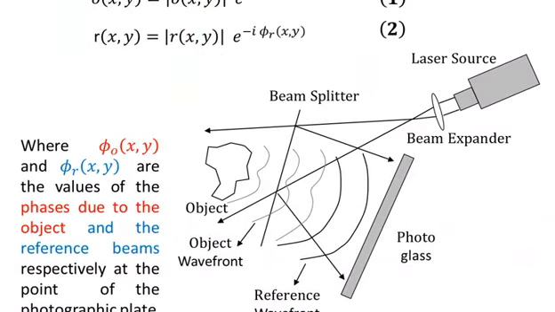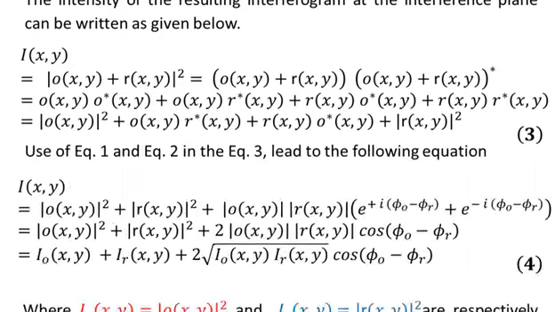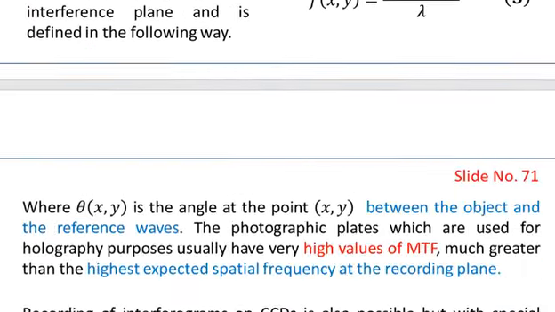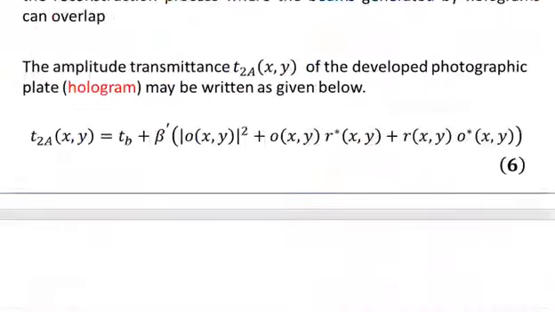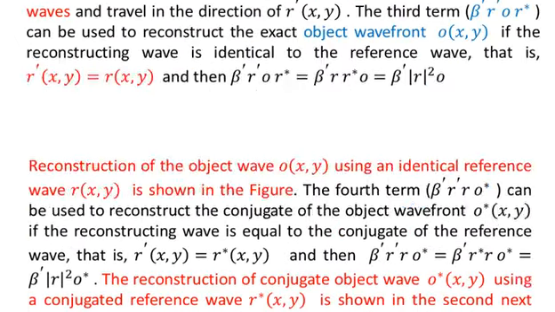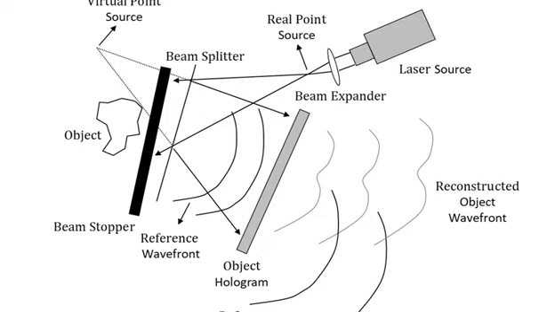This is the recording setup, the same one where the hologram was recorded. Now on that recording setup we have replaced the photographic film or photo glass by the object hologram. So this is the hologram, not the photographic film.